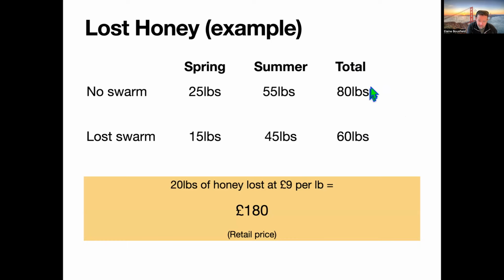It's basically you've lost 20 pounds of honey. It's quite possible that it would be more, but I'm going with that. And at retail prices, that's around about 180 pounds worth of honey that you've just lost by losing your swarm.